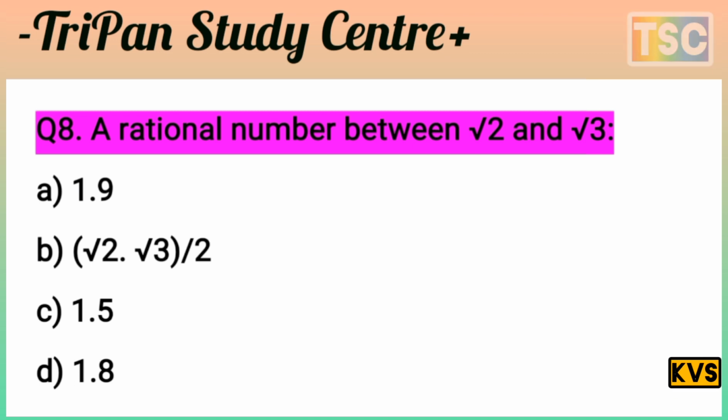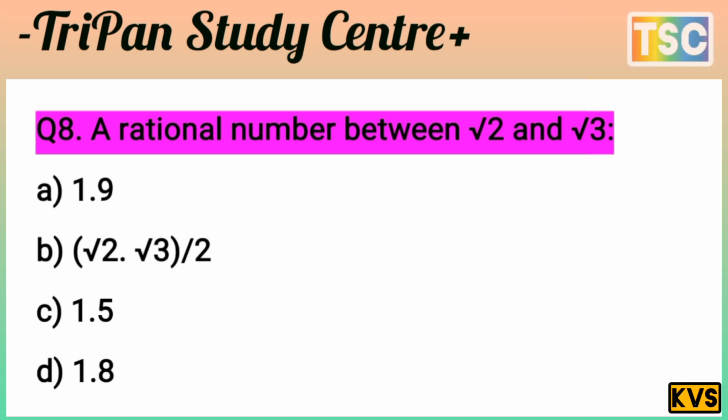I give you a few seconds. First of all, check your knowledge, and after that I give you the answer. The question is a rational number between under root 2 and under root 3. You must have a thought of your answer.